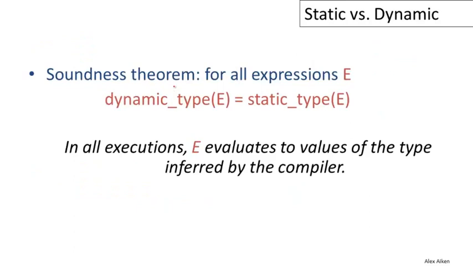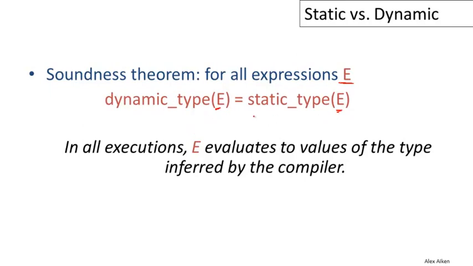This relationship can be formalized by some kind of a theorem that proves something like the following. What we'd like to know is that for every program expression E that you can write in the programming language, the static type that the compiler says that expression is going to have is equal to the dynamic type of that expression.